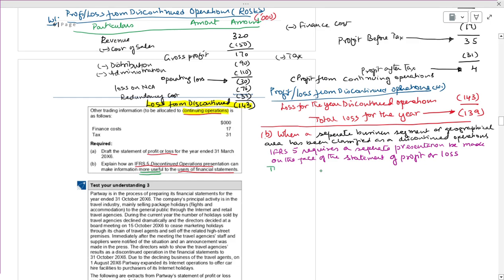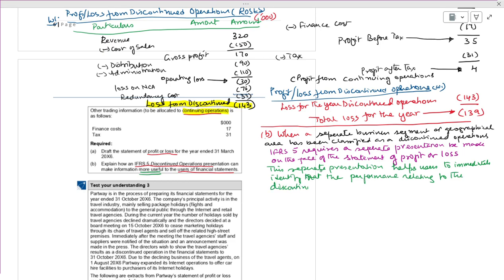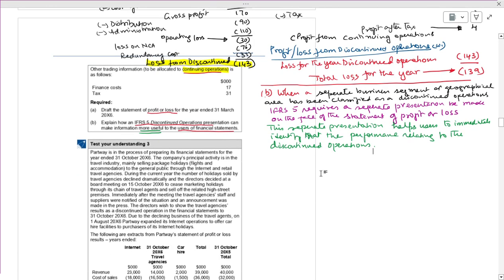This separate presentation helps users to immediately identify the performance relating to the discontinued operations.